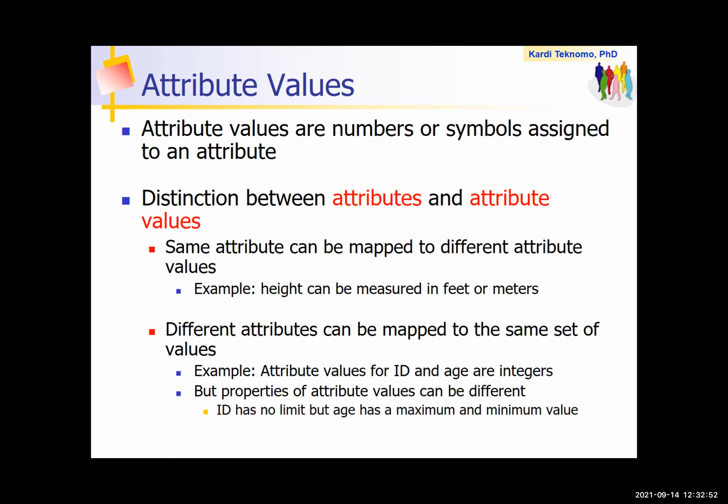The attribute is the variable, and attribute values are the values inside the variable. The same attribute can be mapped into different attribute values, for example height can be measured in feet or meters. Different attributes can be mapped to the same set of values, for example the attribute values for IDs and age are integers.